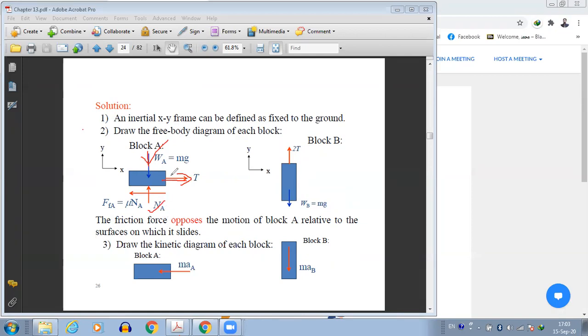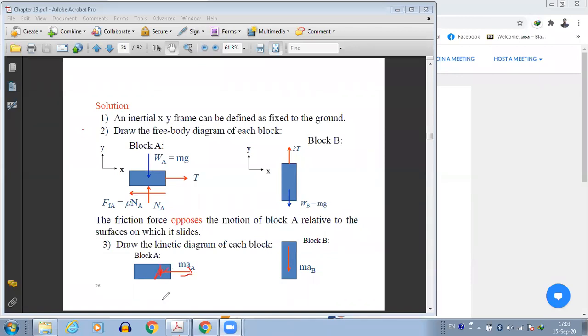And since the block is moving in this direction, there will be the force of friction in the opposite direction, and the force of friction will be mu multiplied by the normal force. So this will be the free body diagram for the block. Okay, and if we draw the kinetic diagram for the block, there's a mistake here. The block is moving in this direction, so the arrow should be like this.